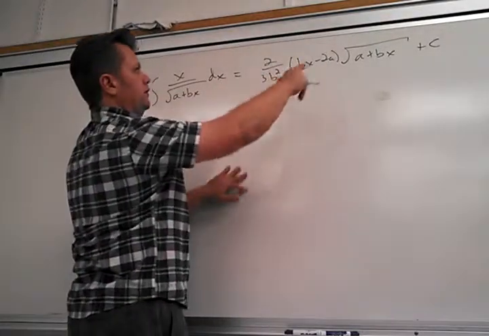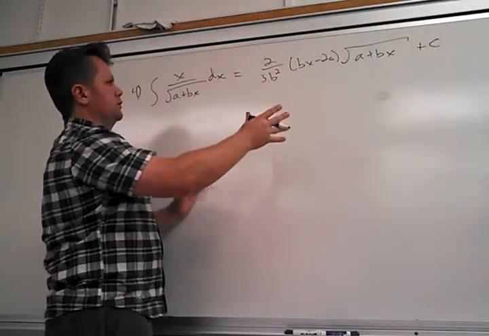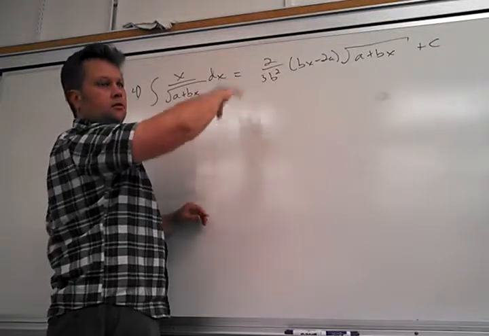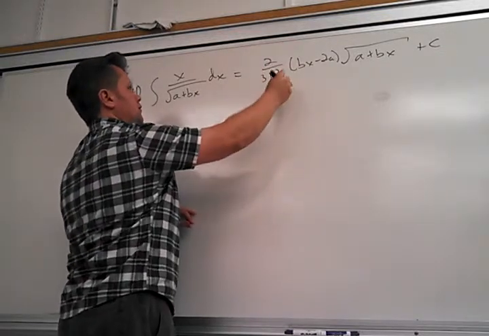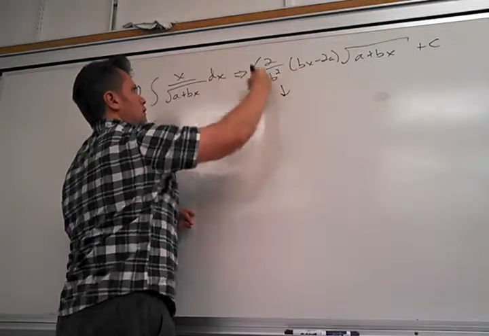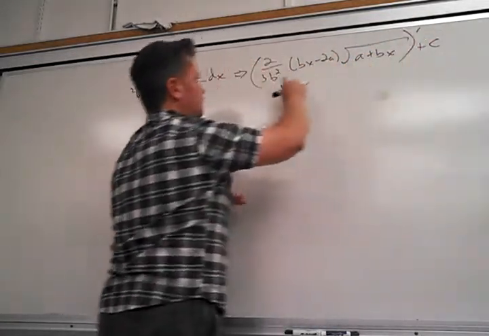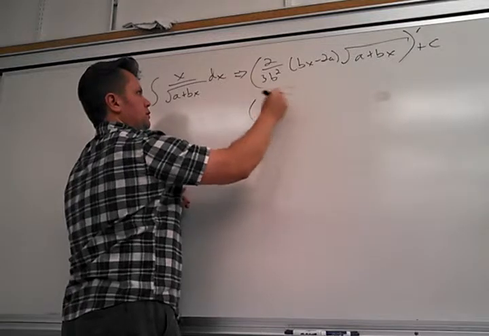So now you just got to take the derivative of this. What's the only variable, of course? X. So just keep that in mind. The C I pretty much can just forget about. So to check this, you can take this guy's derivative, but let me rewrite this a little bit.